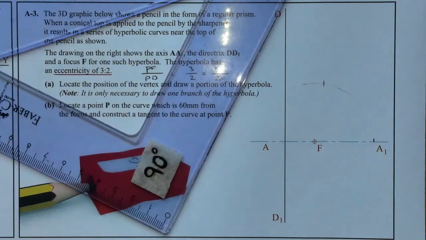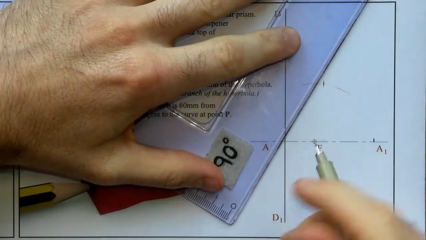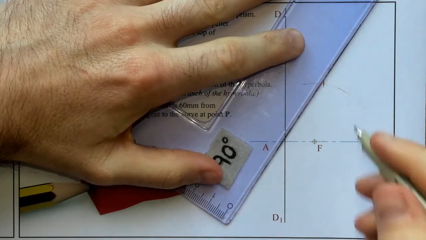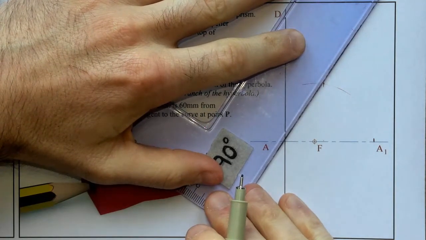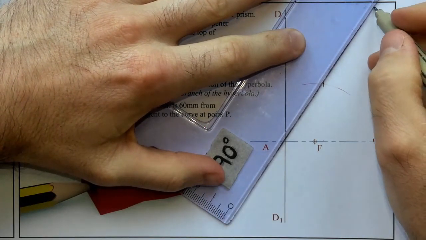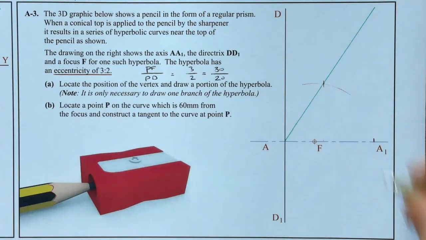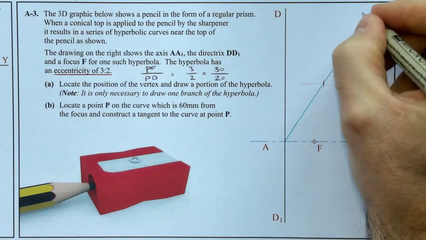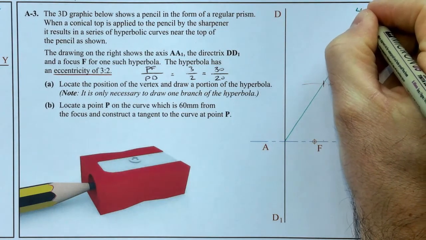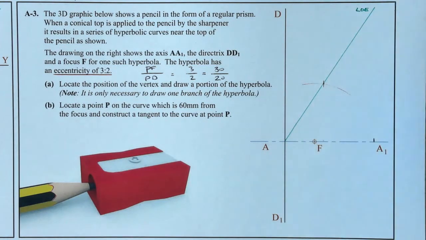Okay, so I'm going to put that line of eccentricity in green. That line is very important there. That is our line of eccentricity. I'm just going to write in L-O-E, line of eccentricity.